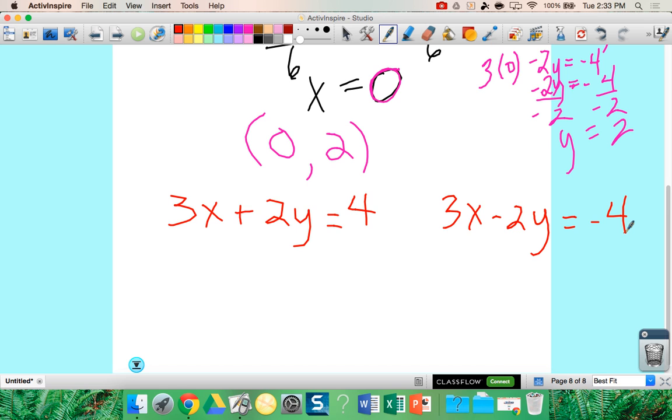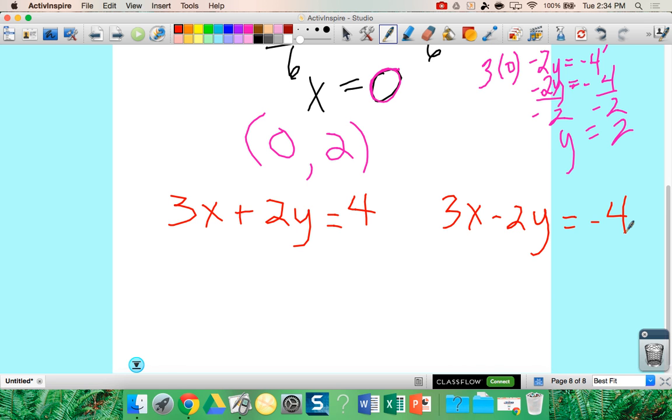Okay, one very important thing. When you get your solution and you need to check it, you're substituting that ordered pair back into the original equations. When I mean original, I mean the problem that's written on your paper, those equations, the problem that you start with.